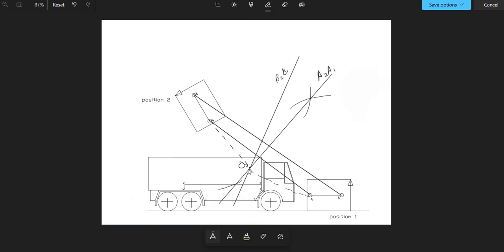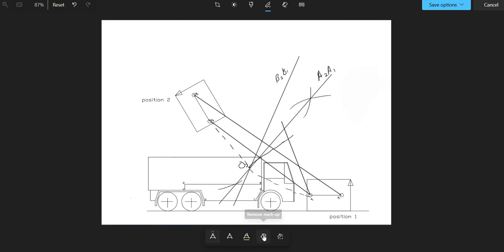You are going to draw a straight line up just above the head of the track, a decent distance above it, and then draw another line from A1 to intersect the line from O2.